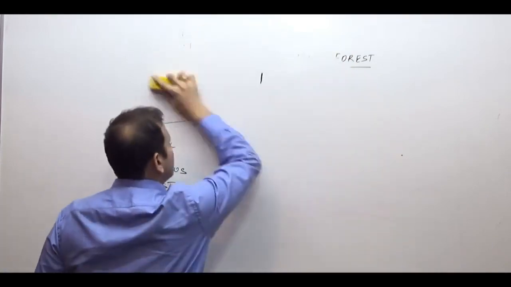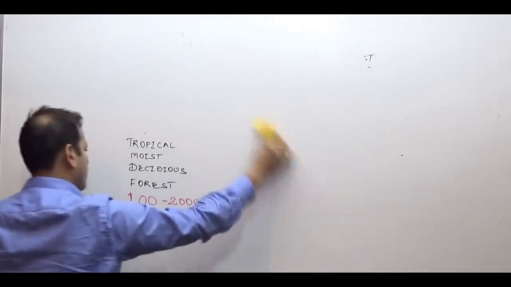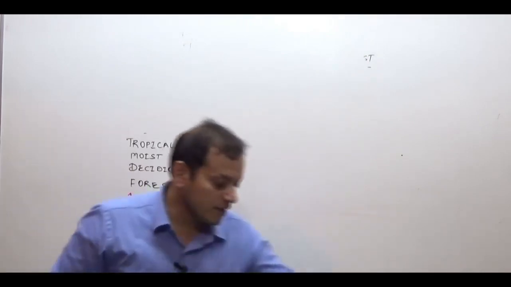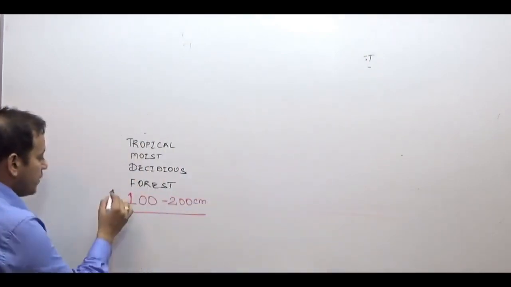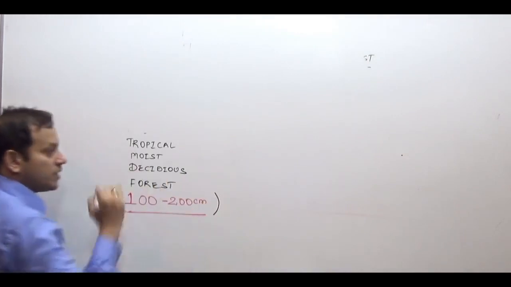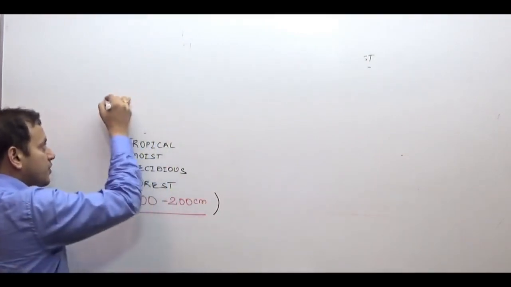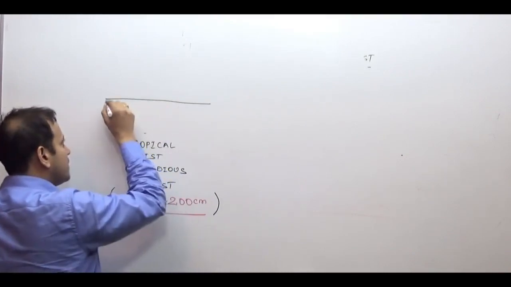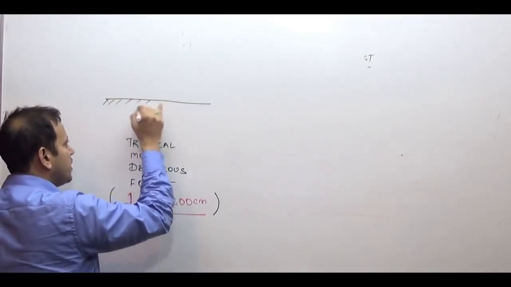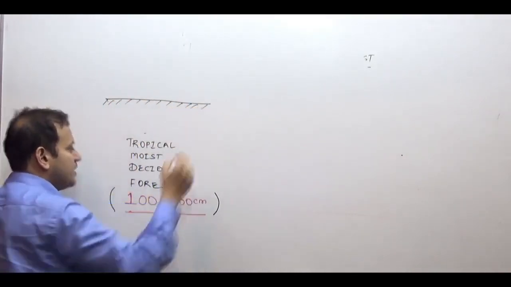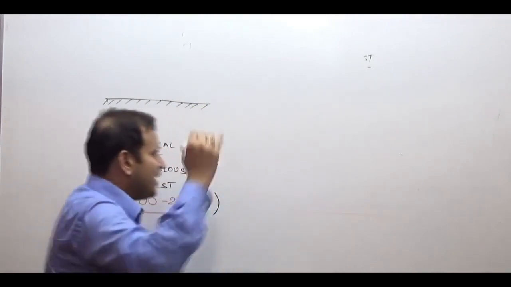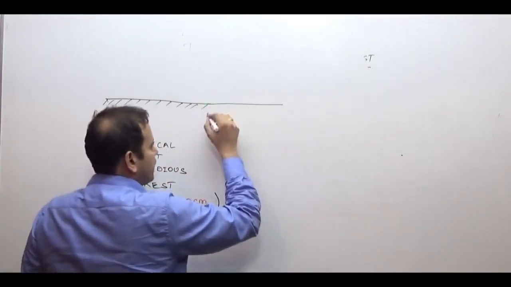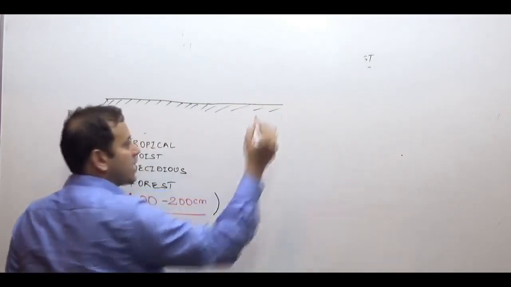Tropical moist deciduous forest. Now, this is the forest which is found in the regions of 100 to 200 centimeters of average annual rainfall. What is a moist deciduous forest? If this is the ground surface, how are the forest types arranged?